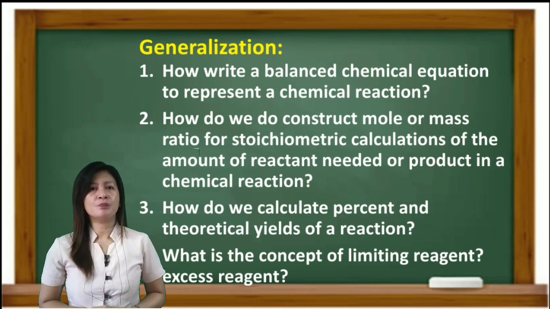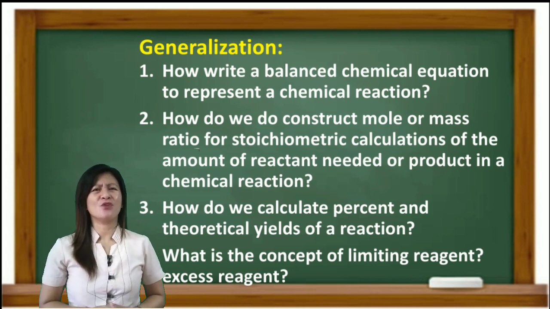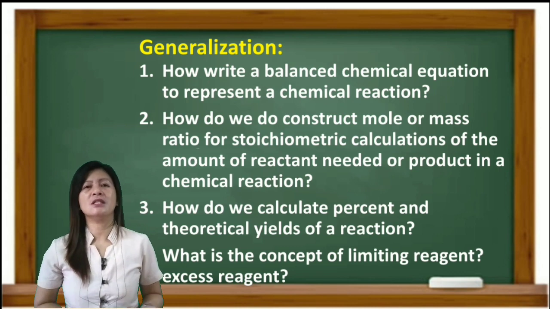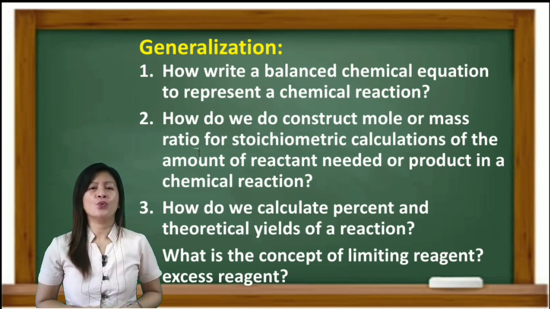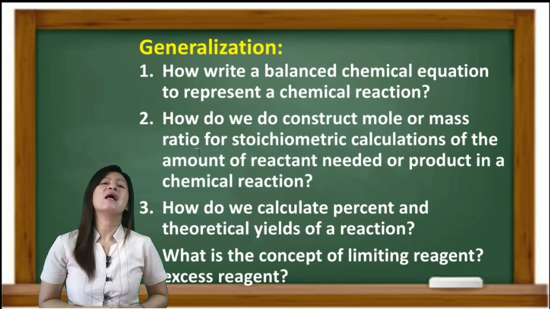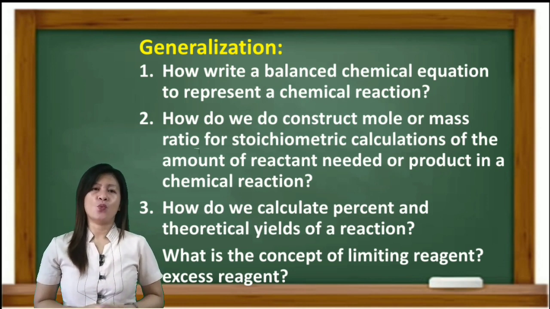Number 3, how do we calculate percent and theoretical yields of a reaction? Number 4, what is the concept of limiting reagent and excess reagent, and how do we use them in calculating the percent yield of a reaction? So your answers to these questions will again wrap up our lesson 3, stoichiometry of your General Chemistry 1.